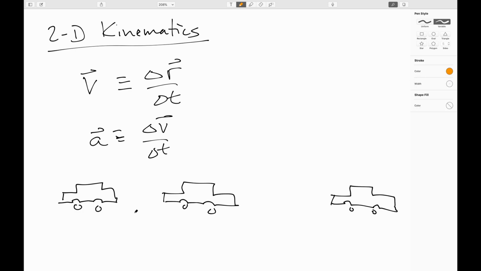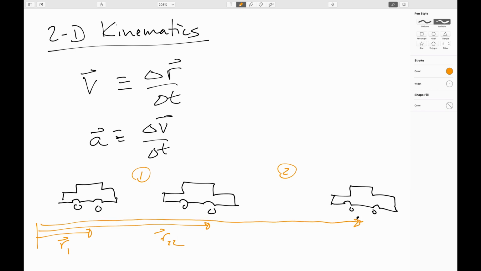So let's say we want to know the velocity in this time interval here. We'll call this interval 1. This interval here, we'll call interval 2. And we'll just put our origin right here. Then we'll say that the position of the car here is R1. The position of the car here is R2. And the position of the car here is R3.